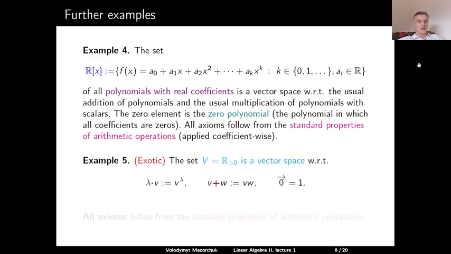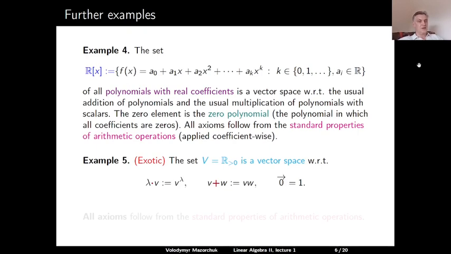Here is a more exotic example. Consider the set of all positive real numbers. We claim that this is a vector space over real numbers with respect to the following operations. If we take a positive real number v and we want to multiply it with a real number lambda, we define the outcome as v to the power lambda.